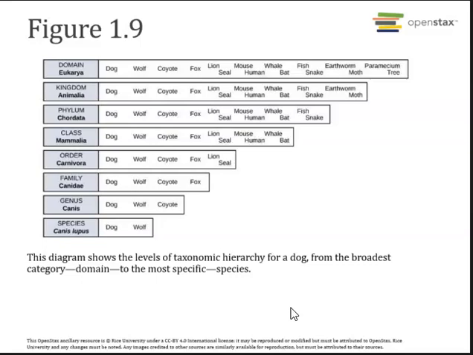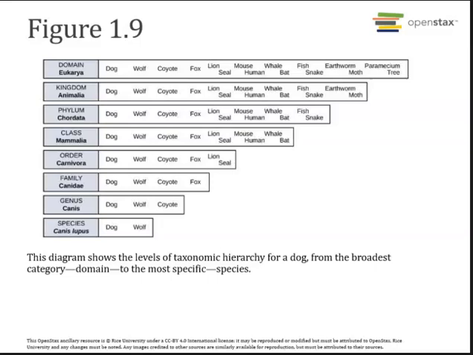Eukarya, as we learned before, are organisms that have cells with nuclei. This includes kingdoms fungi, plants, animals, and several protists. The domain archaea are single-celled organisms without nuclei, which include extremophiles that live in harsh environments. And then bacteria are different groups of single-celled organisms without nuclei.